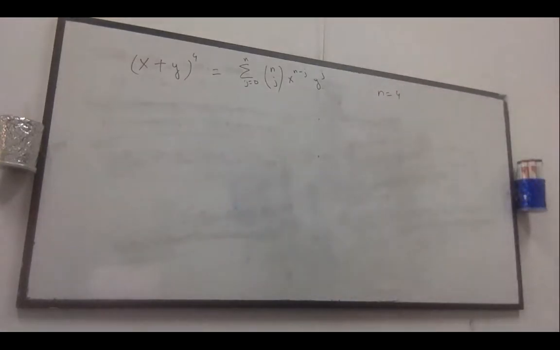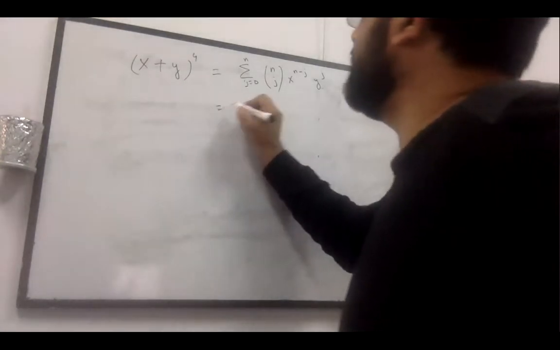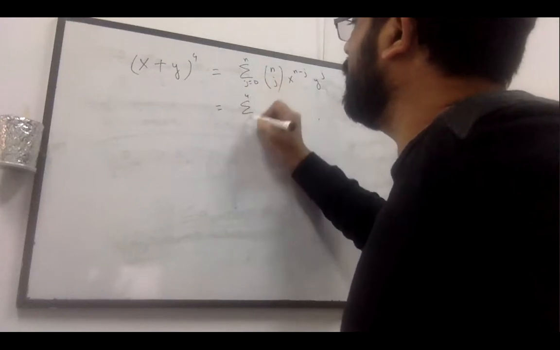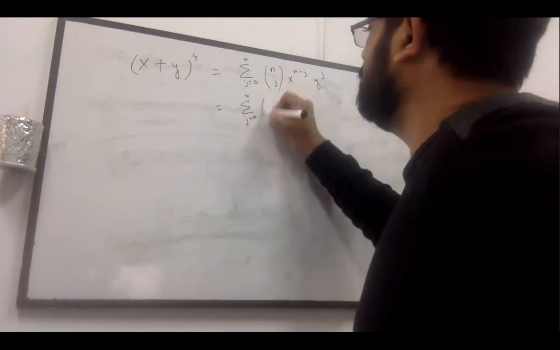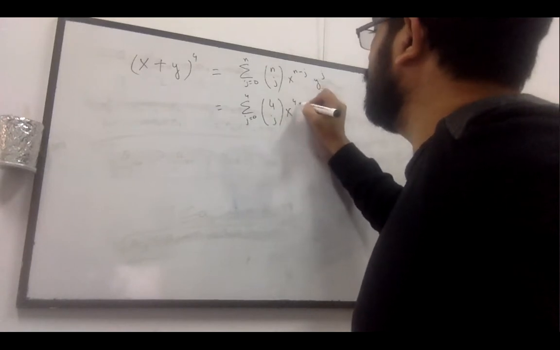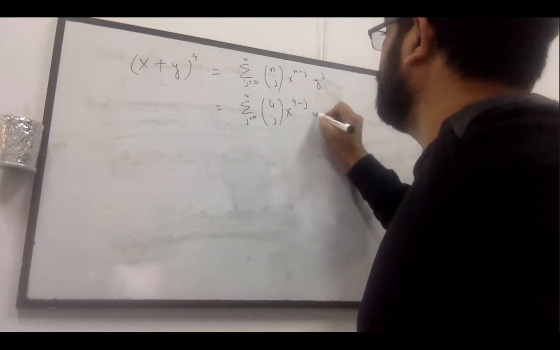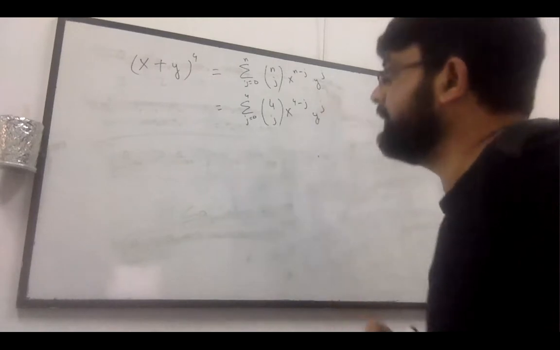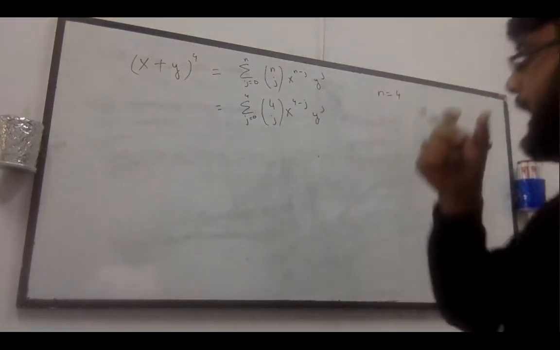So just plugging in the value of n, you basically get the summation from j equals 0 to 4 of C(4, j) x^(4 minus j) y^j.